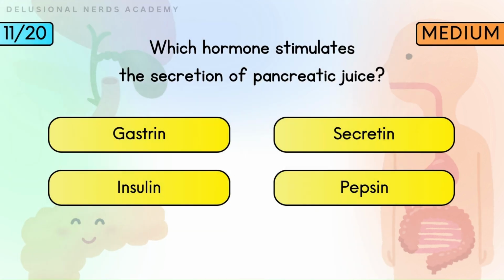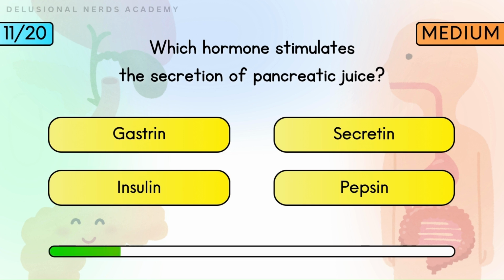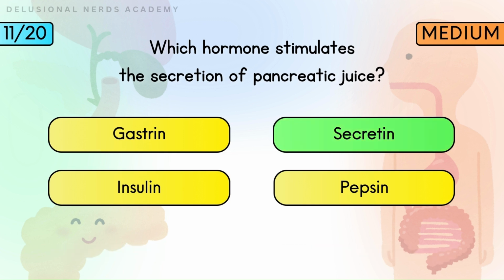Which hormone stimulates the secretion of pancreatic juice? Secretin is released when chyme enters the small intestine and stimulates the pancreas to secrete pancreatic juice.